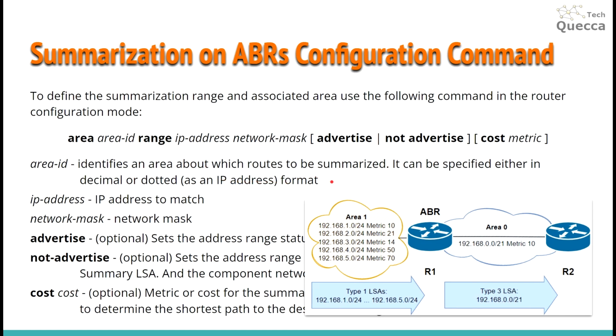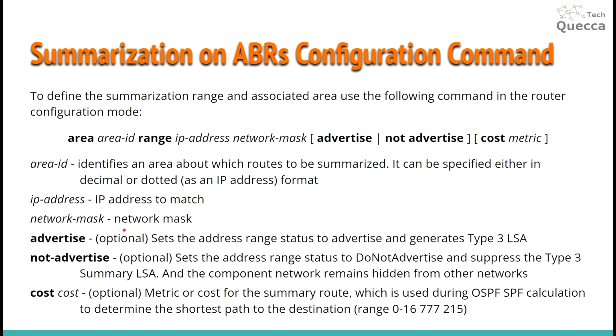If we take our previous example, then the area ID is area 1, where we have all these subnets to be summarized. The IP address is our summary address, 192.168.0.0 in our example, and the network mask is /21 in our example, which is 255.255.248.0.